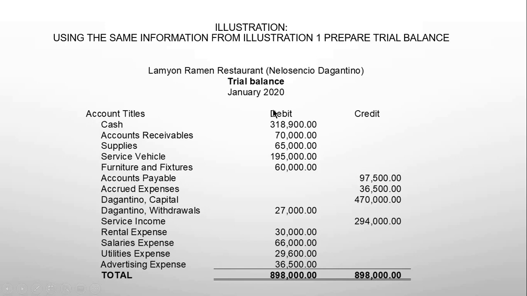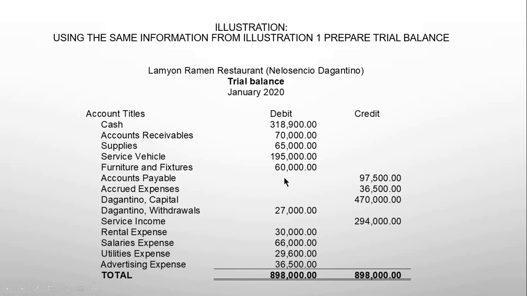Then on this side, we have a debit column and a credit column. If the account in the ledger has a debit balance, place it in the debit column of the trial balance. If the account in the ledger has a credit balance, place that balance in the credit column of the trial balance, and so on.